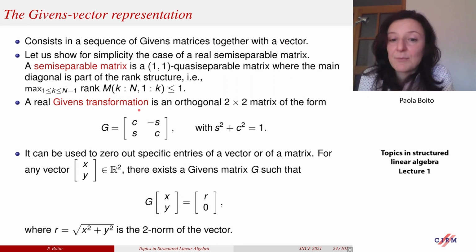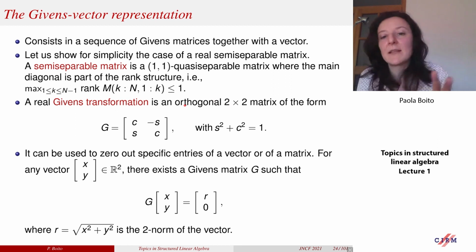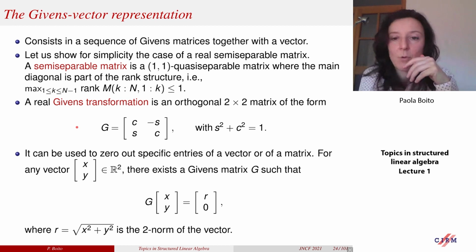So, what is a Givens matrix? A Givens transformation is an orthogonal or unitary 2x2 matrix. So in the real form, we can look at it as cosine of a certain angle, minus sine, sine, cosine, right? So it can be seen as a rotation. But more generally, we can look at Givens transformations as unitary or orthogonal 2x2 matrices.